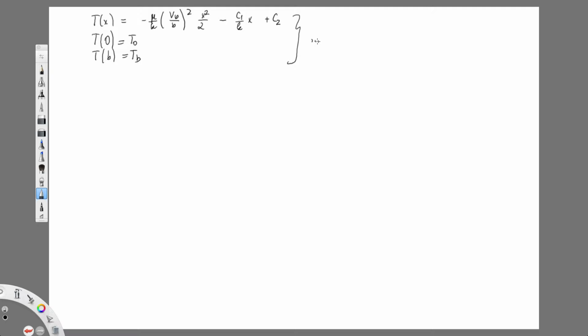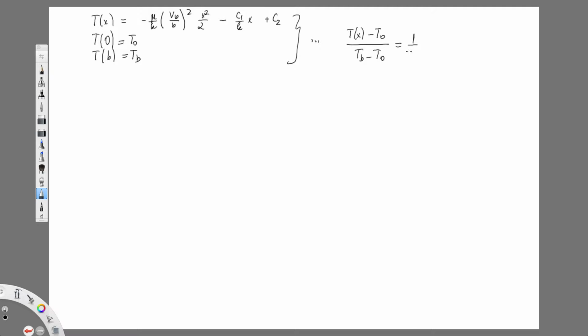Most often, this solution is written as follows. T of x minus T0, divided by Tb minus T0. So this is a normalized temperature. Normalized temperature goes between 0 and 1, so that way I can compare different cases more easily. It's just a way to write the solution.